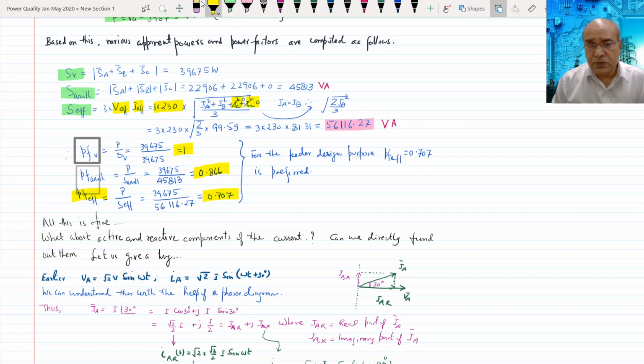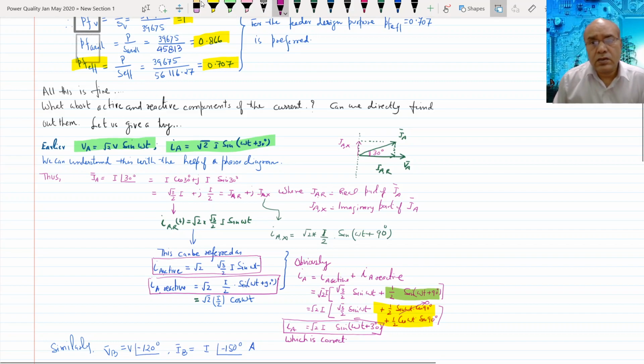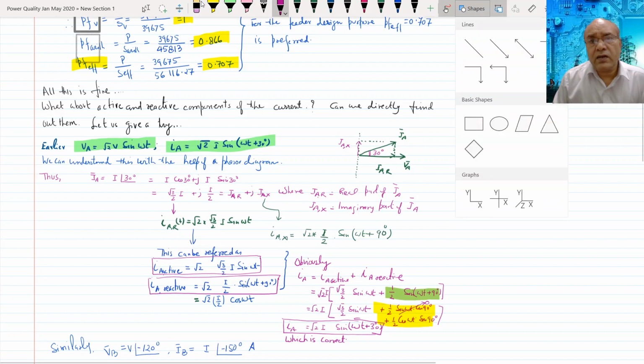For example, in this particular case, we have three phase voltages as this. This is let us say phase A, and this is phase B. Okay, this is the phasor diagram for this.